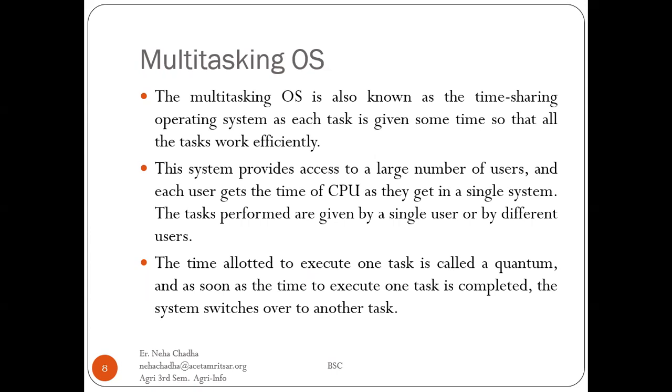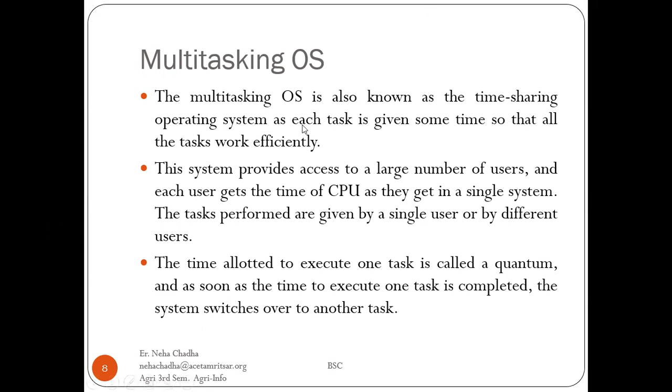It seems they are performing all the tasks at the same time, but actually at the back end, the operating system divides the time among all the activities, and then these activities get performed. But you have the privilege that you can perform a number of tasks. This is called multitasking, multi-program, multiple jobs. You can do multiple things at a single time.